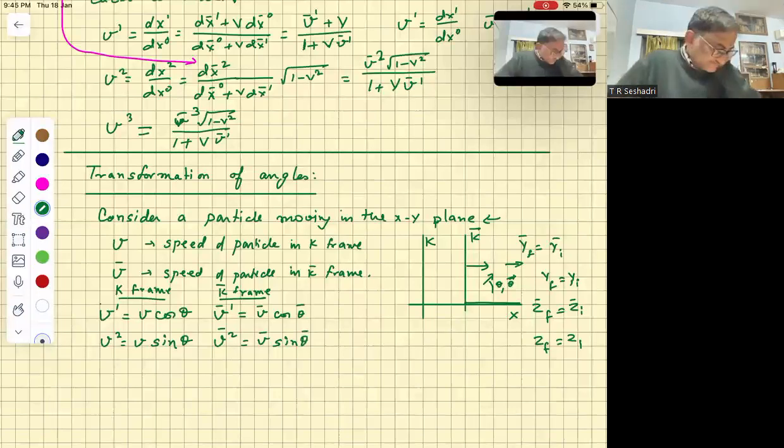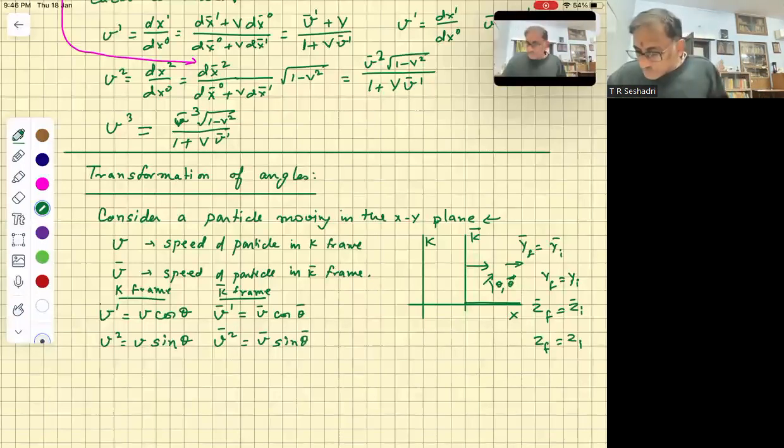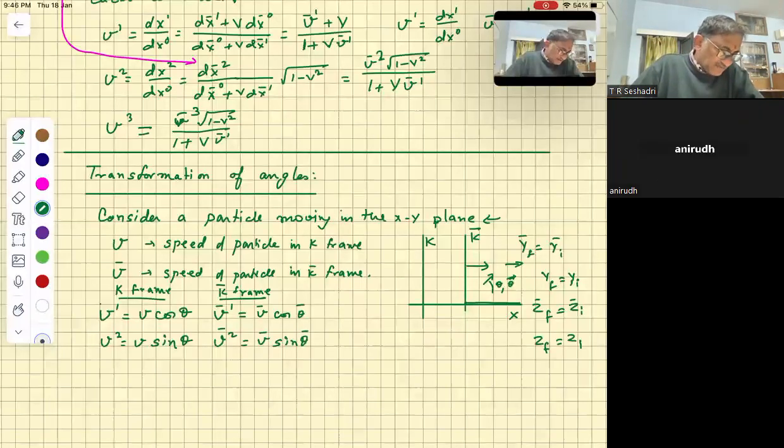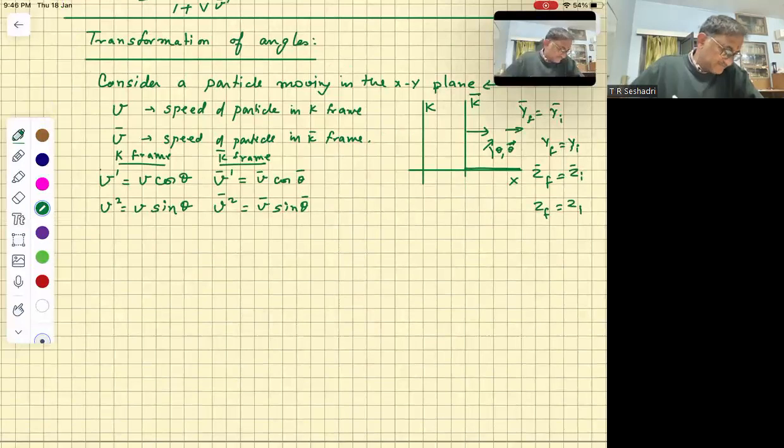And what we now need to do is to find a relationship between theta in the barred and unbarred systems.